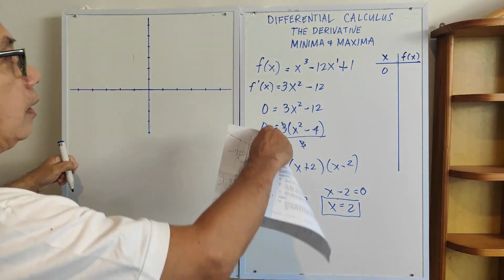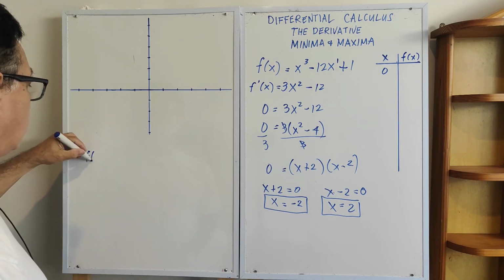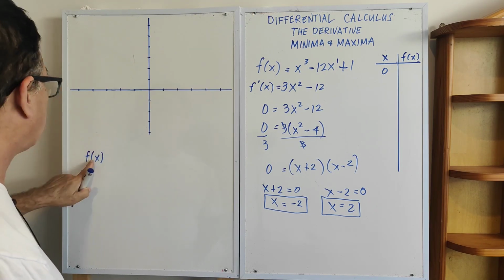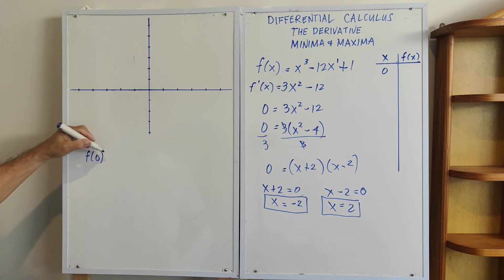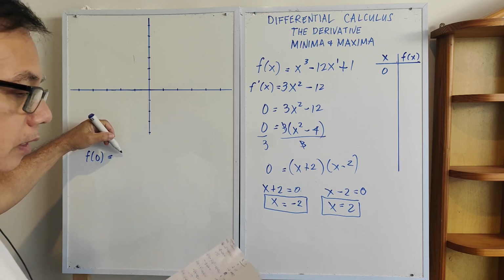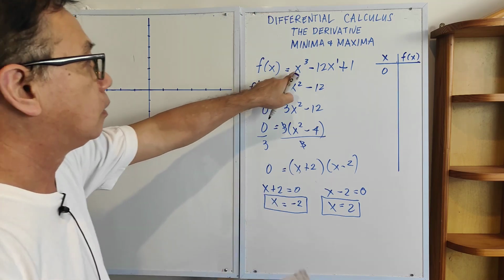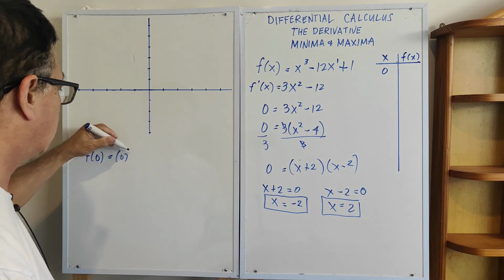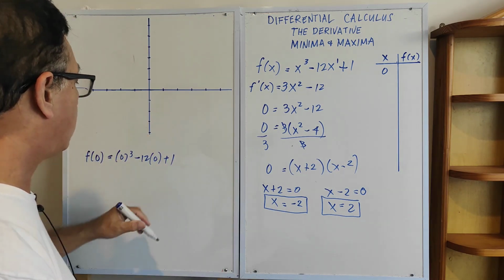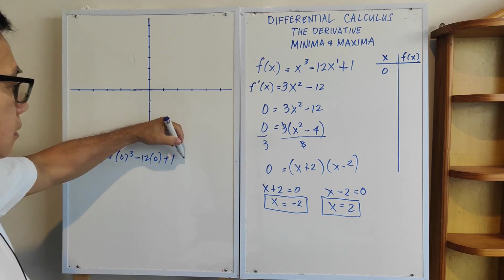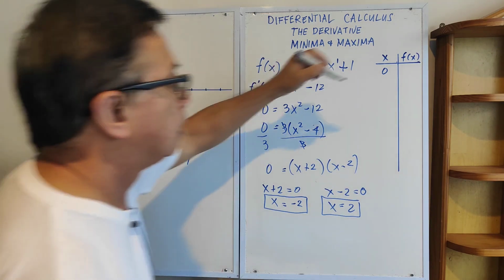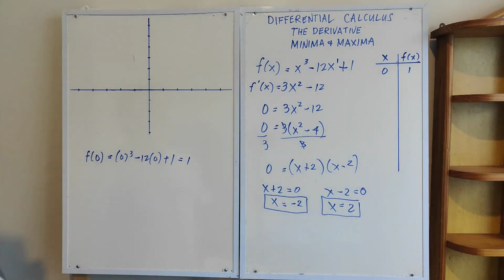So we substitute 0 into all the x's: 0 to the third minus 12 times 0 plus 1. So f of x at 0 is 1.